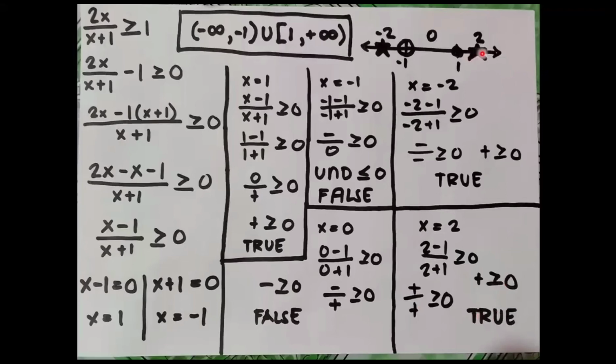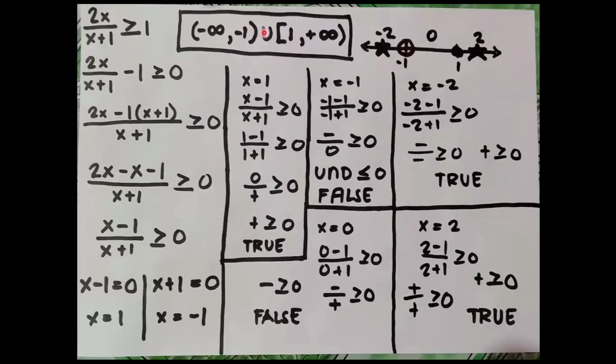Then in writing your answers, this will be the method. So, open parenthesis, negative infinity, comma, negative 1, close parenthesis. So we will put close parenthesis here because it is an open circle and this answer is false.